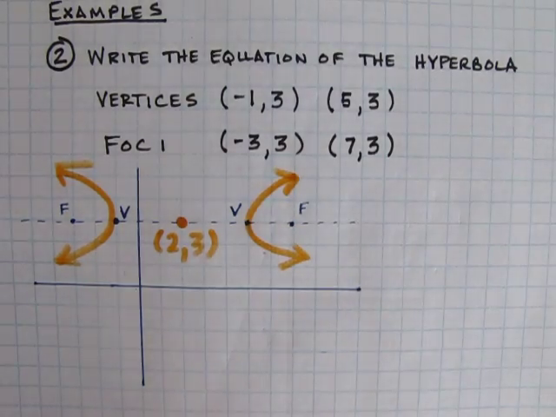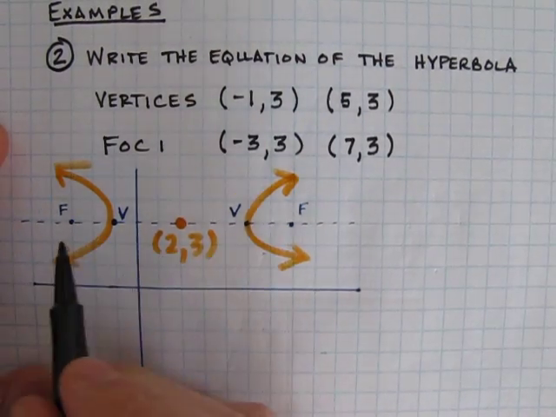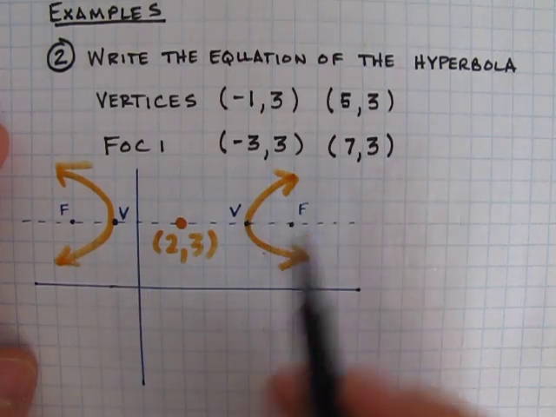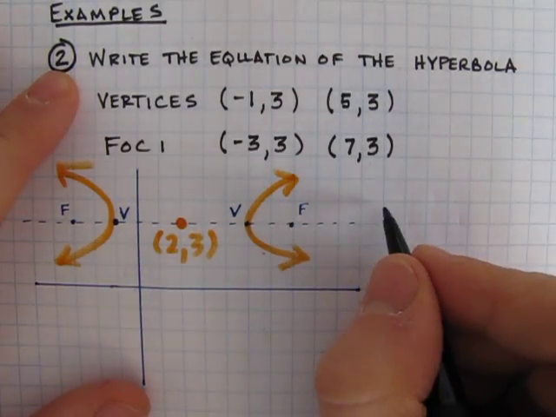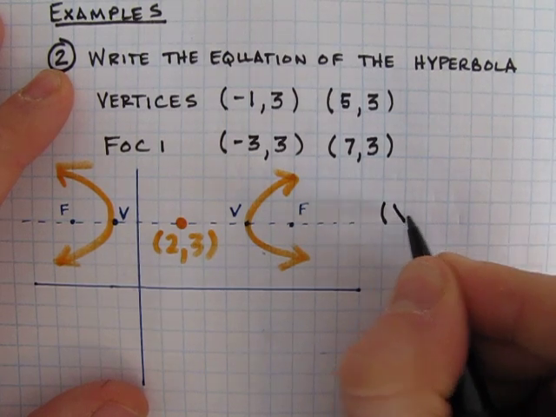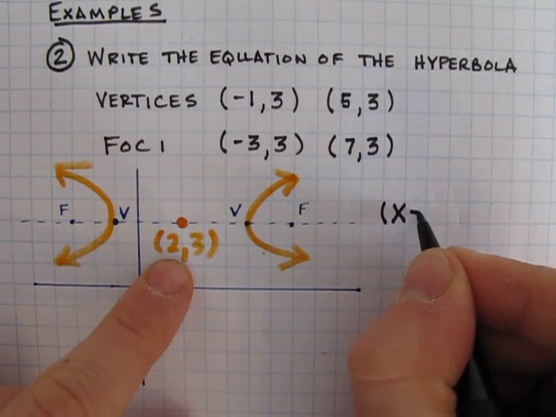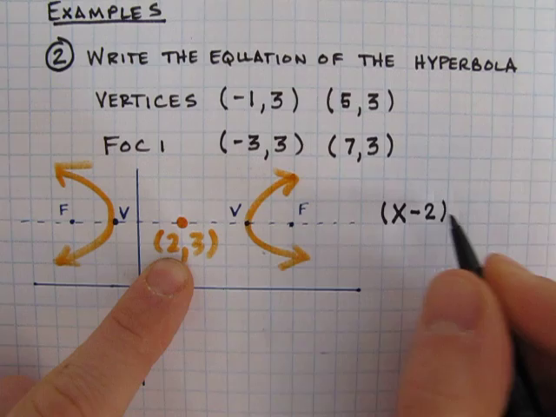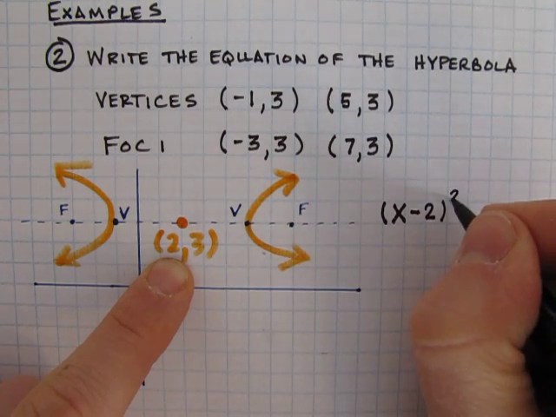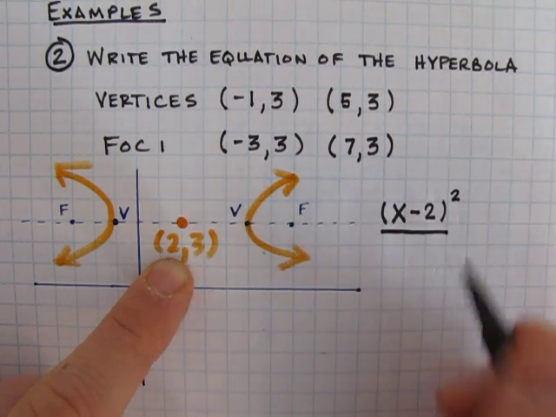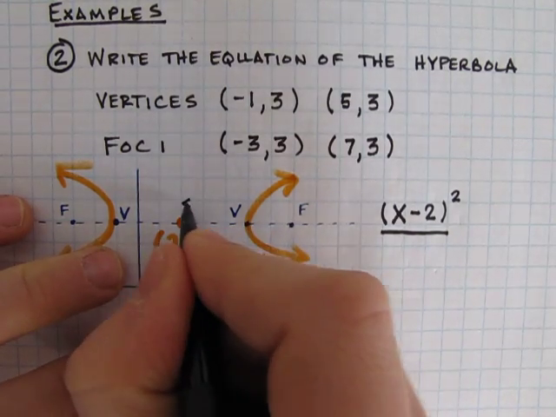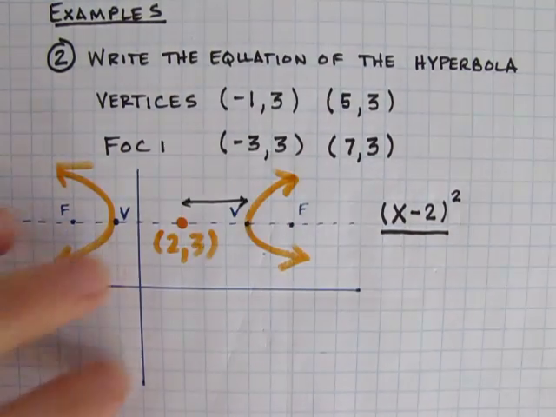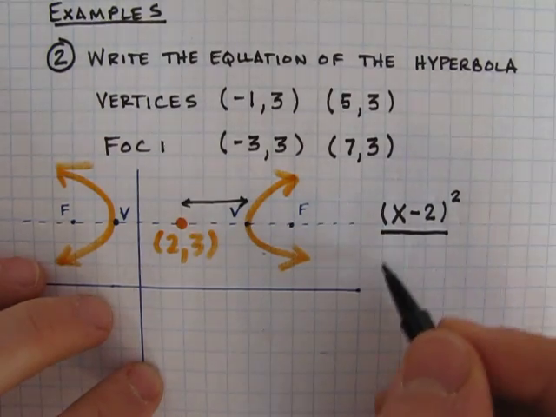Here we go. So first thing, the central axis here is the horizontal or x-axis. So our first term is going to be an x term. I'm going to say x minus 2, because the center has a 2, squared over that distance from the center to the vertex is what tells us the number that's going to go here.